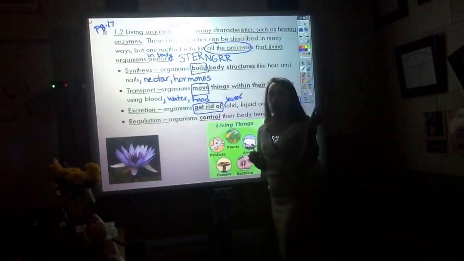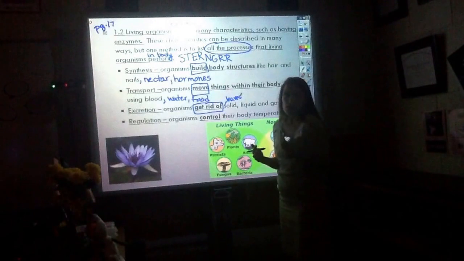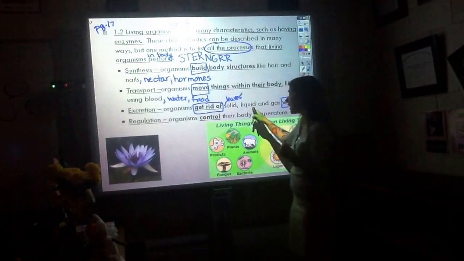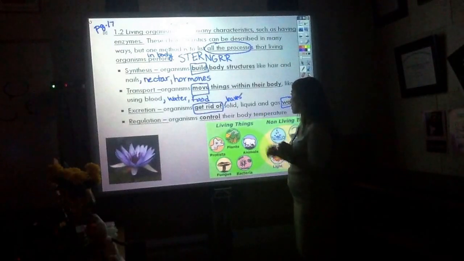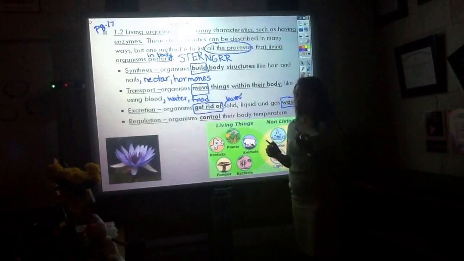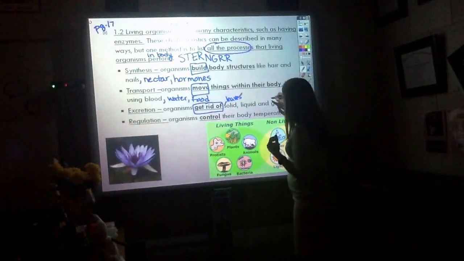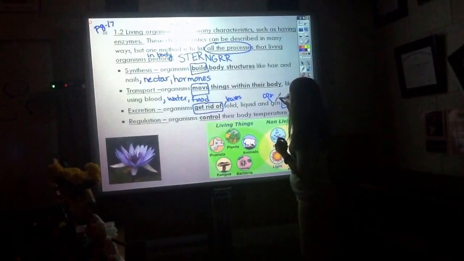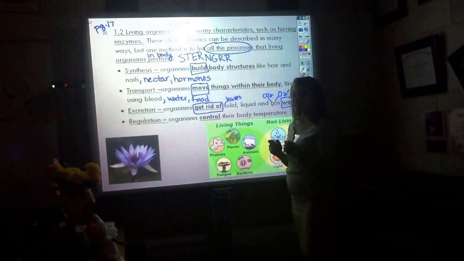They might kill the leaves and get rid of them. So think about in the fall when plants are releasing those dead leaves. Liquid, usually in the form of water, and gas. We're actually going to talk about how animals release CO2 as their waste gas, but plants are actually going to be releasing oxygen as a waste gas.